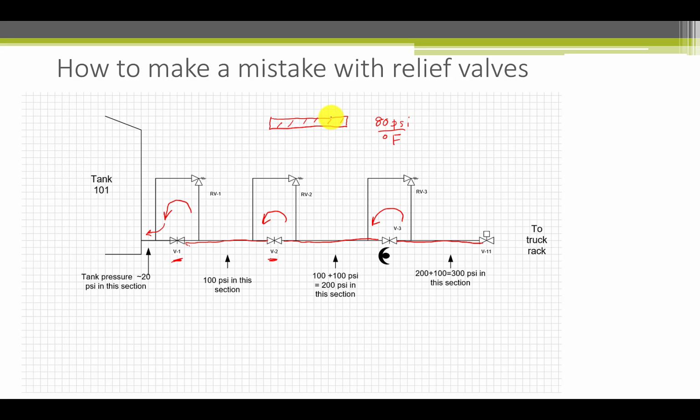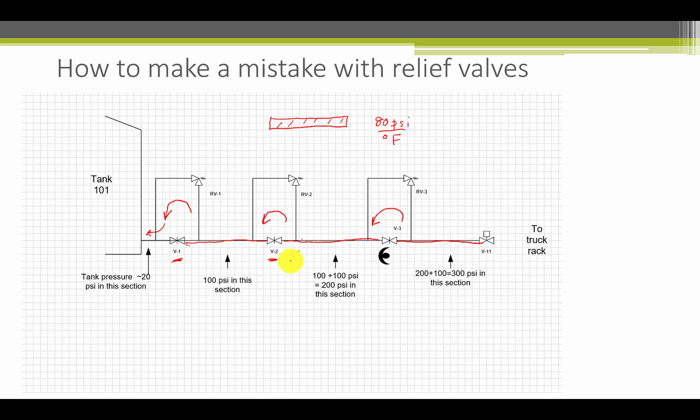The rate of thermal expansion is greater for the hydrocarbon liquid than it is for the pipe. Now, in many cases, you don't see the effects of this because if there's a small air bubble or a very small leak, that will bleed out the pressure. In fact, packings are notorious for leaking, and it's because of this effect. But good design requires that you protect the pipe and you not let it get above its design pressure.